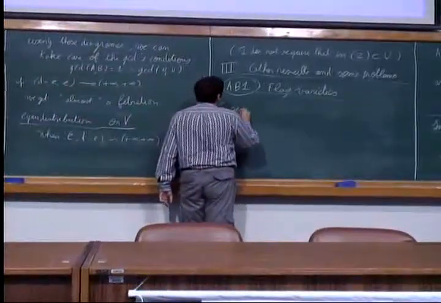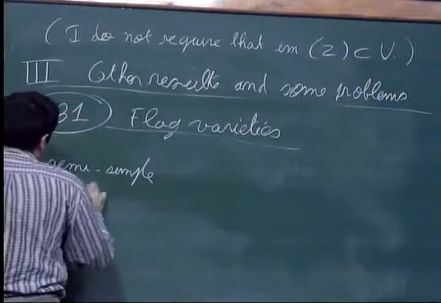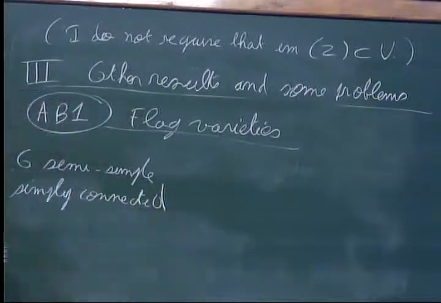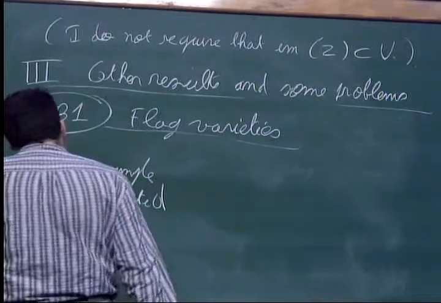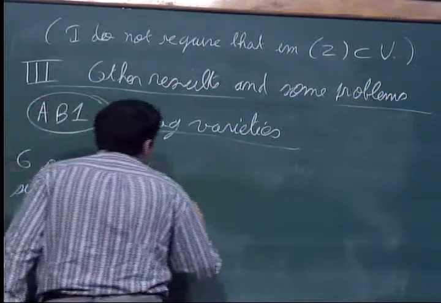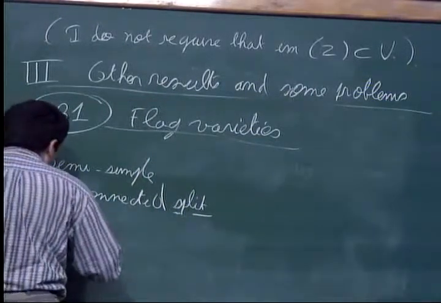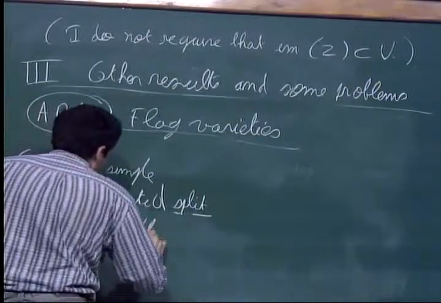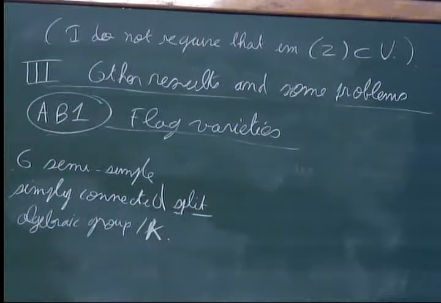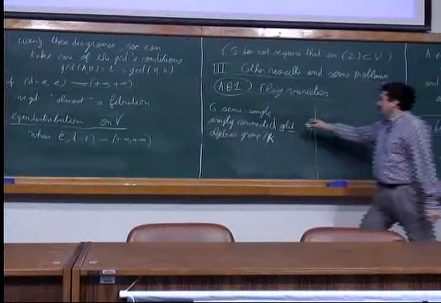So I take G to be a semi-simple, simply connected, split algebraic group over some field K. So either it will be a number field, or it will be the field of functions of a smooth projective curve. So I will try to keep here the general setting.